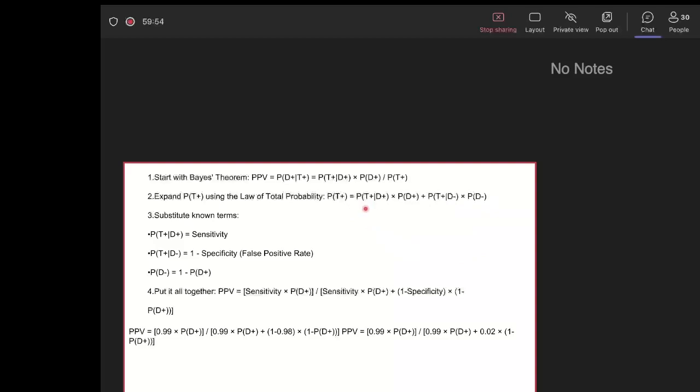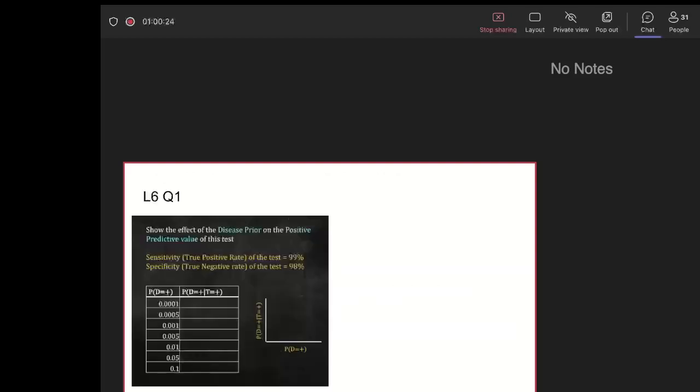Probability of T plus given D plus is nothing but the sensitivity. So this term will become sensitivity, and the term for the probability that the patient gets a positive test although he is negative for the disease is 1 minus specificity, the false positive rate, and the specificity value is also given in the question.